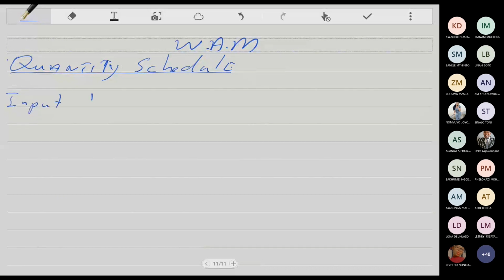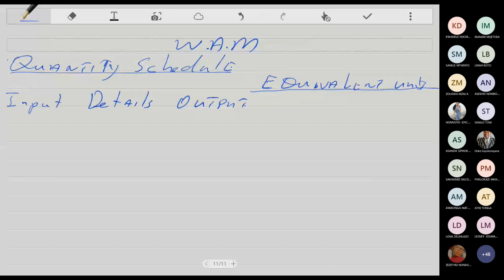We've got our input, our details, output, then we move on to the equivalent units.